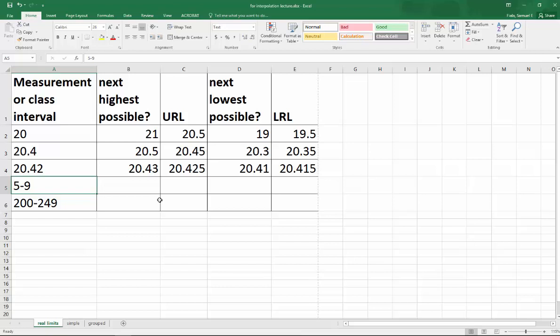Well, if it's somewhere between 5 and 9, in terms of real limits, you're not saying at most it's 9. No, it could be a little higher. We have to think about the upper real limit of that 9, so it's the next highest possible number. And again, the next highest possible number isn't the start of the next interval, 10 to 14. The next highest possible number is 10. So the upper real limit of that interval is 9.5.